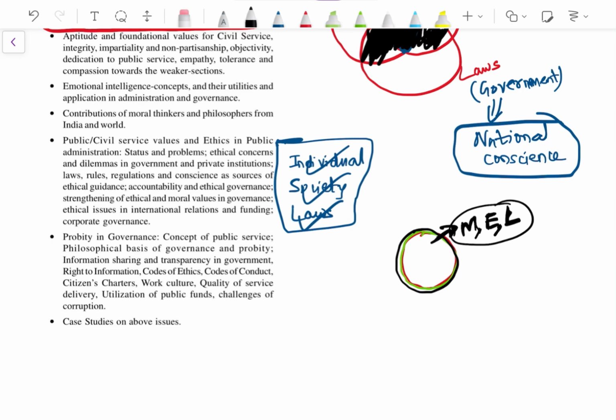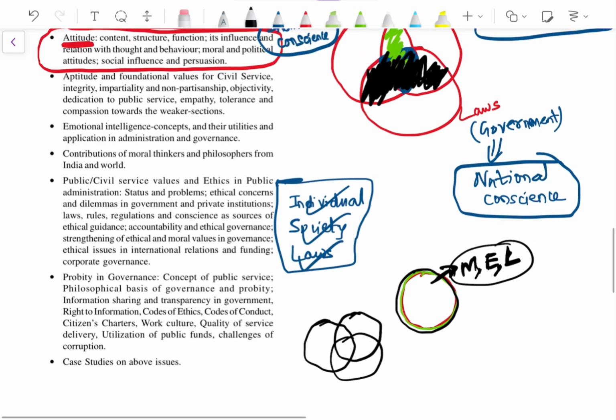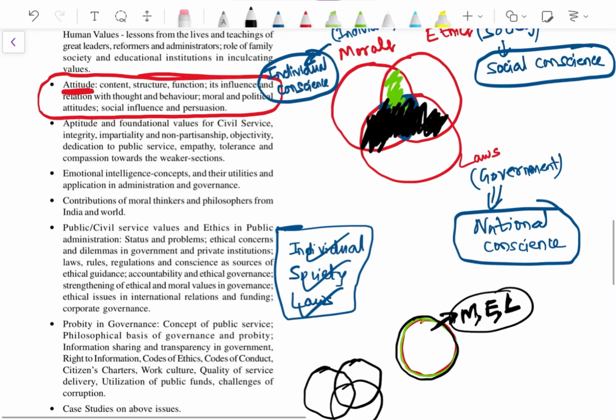In different societies, the individual will think something else, morals, ethics will be something else, and laws will be something else. If we see in India also, many laws are opposed by many people and many societies because the laws are not in consonance with morals of individuals or ethics of society.